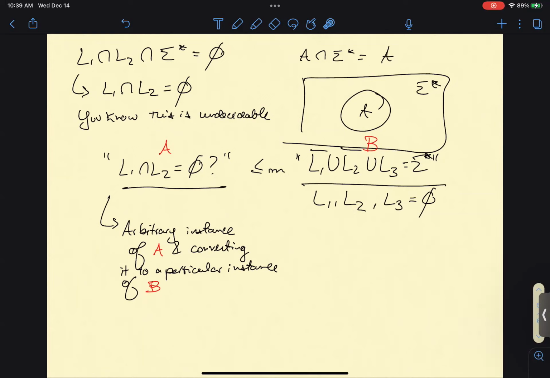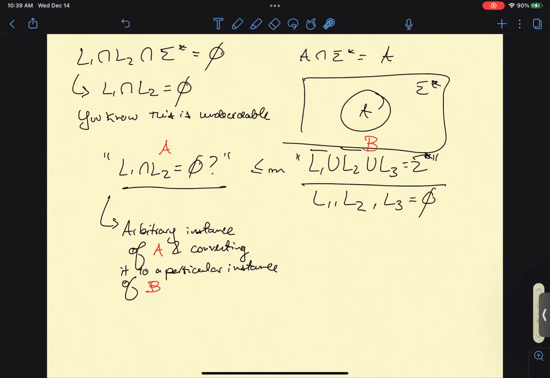We could also do an arbitrary instance of A with an arbitrary instance of B like we did last time. Here you took out the empty set, maybe. It's too regular.